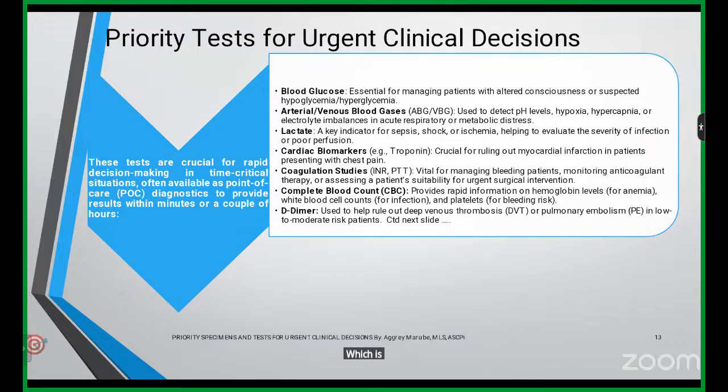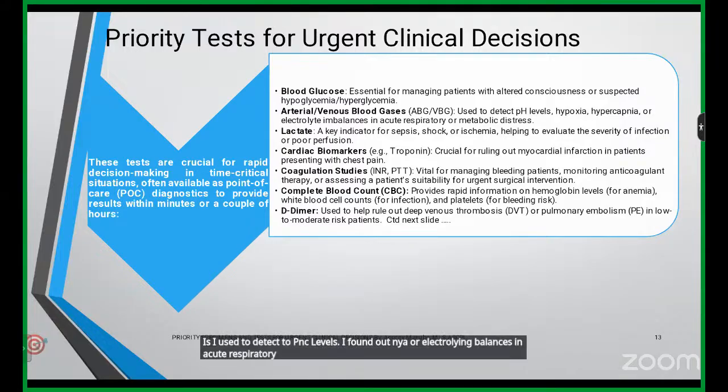Patients on monitoring of arteriovenous blood gases. These are used to detect pH levels, hypoxia, hypercapnia, or electrolyte imbalances in acute respiratory or metabolic distress. These are mainly patients in HDU and ICU, and some of these are monitored at bedside.